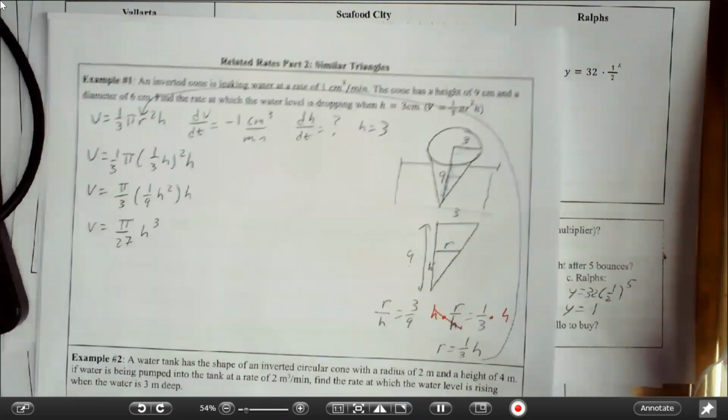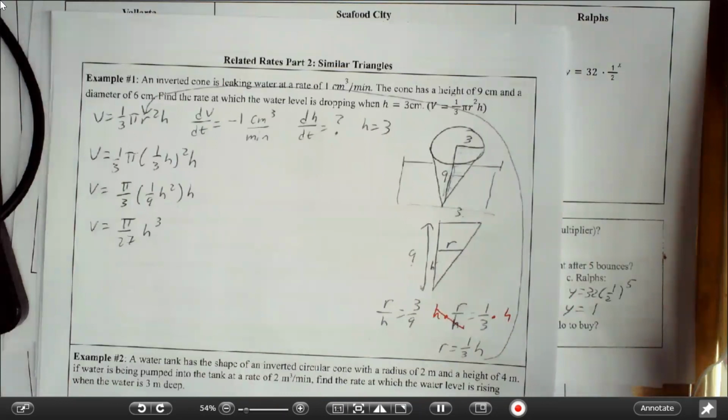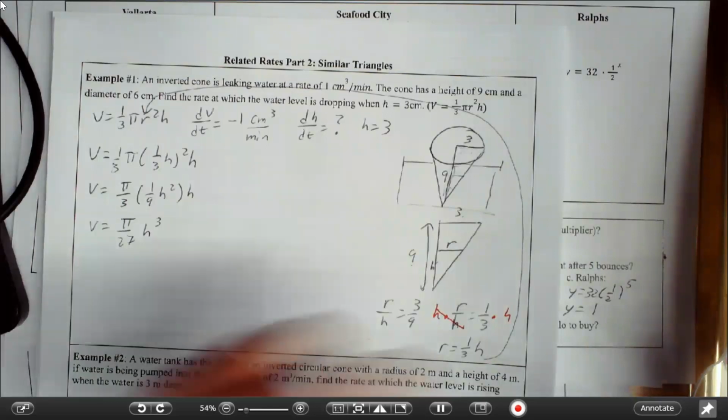And now I have a nice little equation here that I can differentiate. I don't need any product rule. I could just go ahead and differentiate this now. It actually makes the question easier.